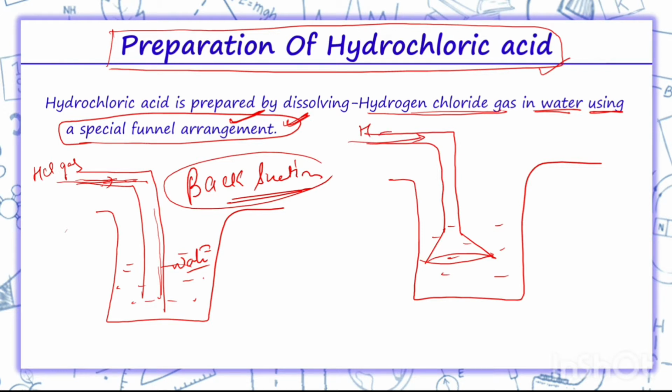This special funnel arrangement minimizes the back suction of the water, and second, it provides large surface area for the absorption of HCl gas, and hence pressure outside and inside equalize and water which had risen in the funnel falls down again. This process continues till the water in the trough is saturated with HCl gas, resulting in the formation of HCl acid. So this is how HCl acid is prepared.